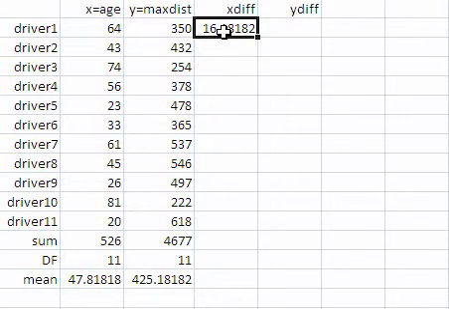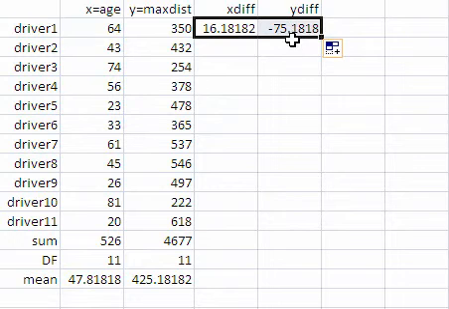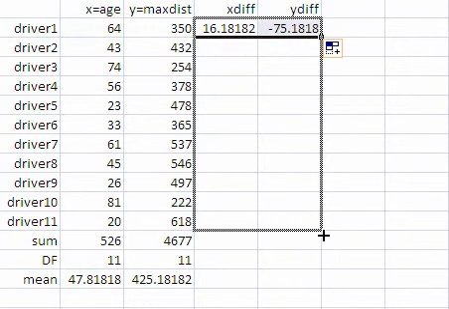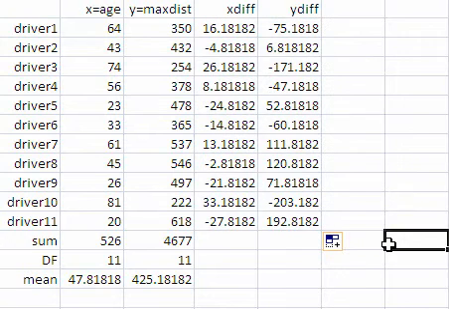And we copy that over to the y and down for all of these observations. We now have the differences.